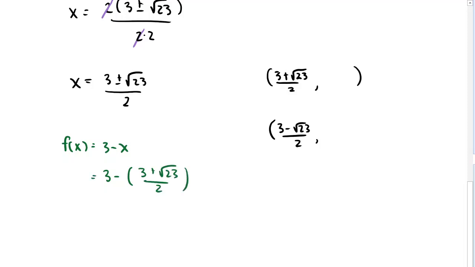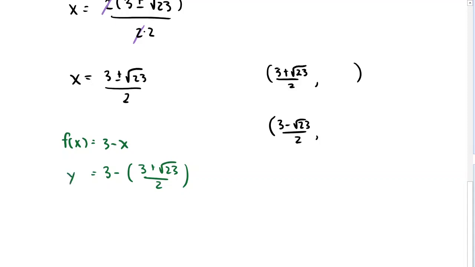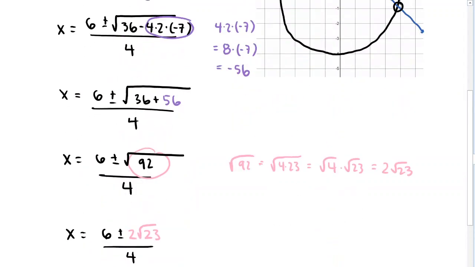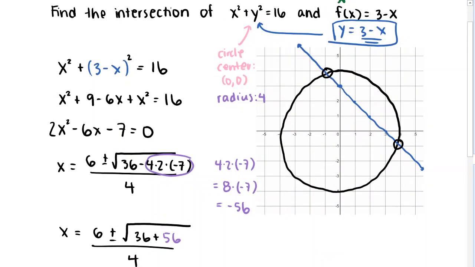That's going to be one y value. And this is going to be another y value if we take 3 minus the other x value. So maybe I'll just write y1 here and y2 here. Okay, so those are the y values. These are the points where our two curves, our two graphs, overlap.